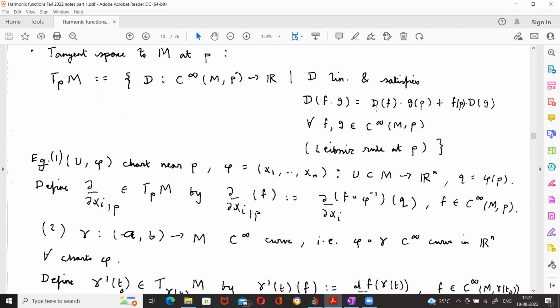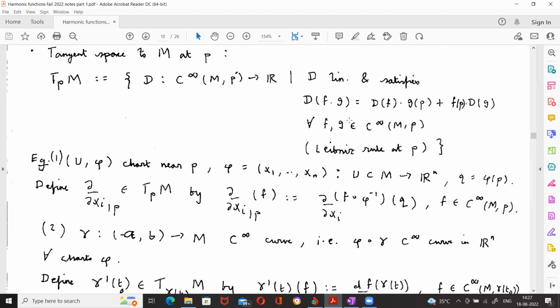But the good thing about this definition is that T_P M is obviously a vector space, because the sum of two such linear maps satisfying the Leibniz rule will also satisfy the Leibniz rule, and also scalar multiples.